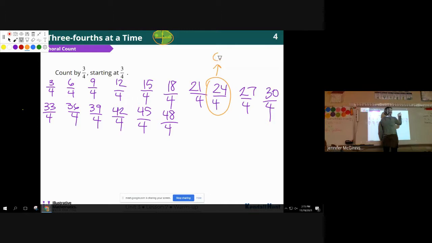So if I have 6 apples and I cut each of them into 4 pieces, that's going to give me 24 fourths. Is that what you're saying? You are correct, my good sir. Everybody give Gabe 2 big claps. Good job, Gabe. What's another one that's a whole number?